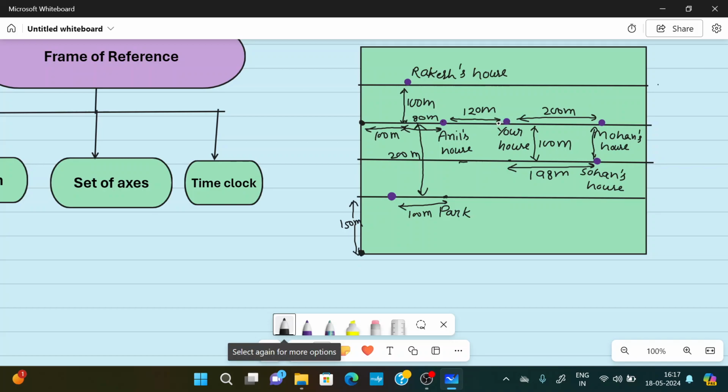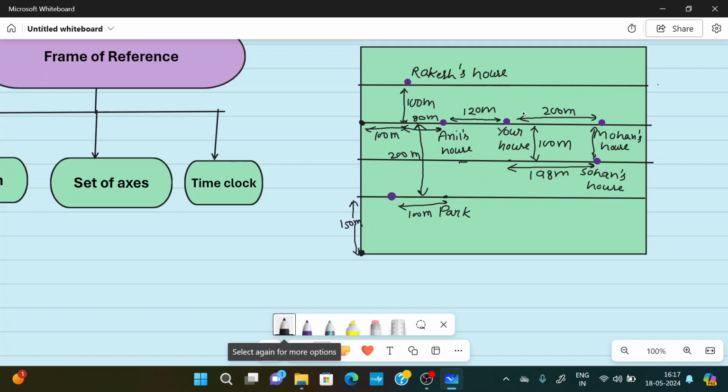It is not sufficient to say only that my house is 120 meters right or 200 meters left. You need to say that my house is 120 meters right from Anil's house or 200 meters left from Mohan's house. So to describe the position completely, you need to describe the point of reference from where we are measuring the distance.